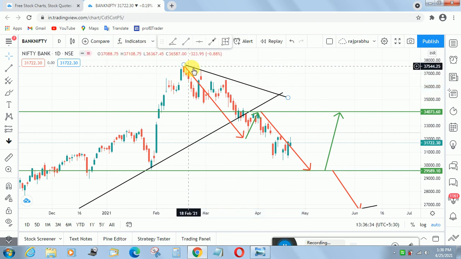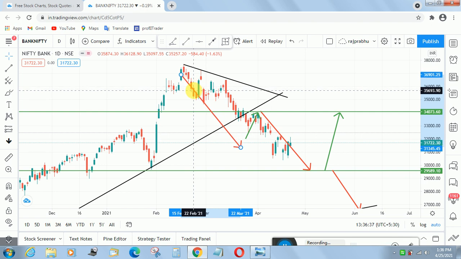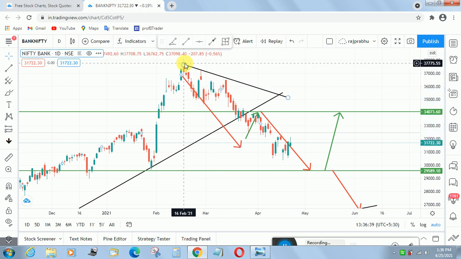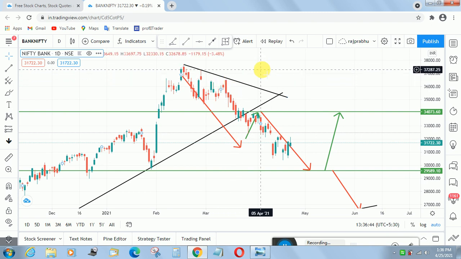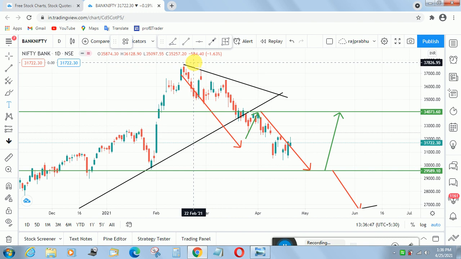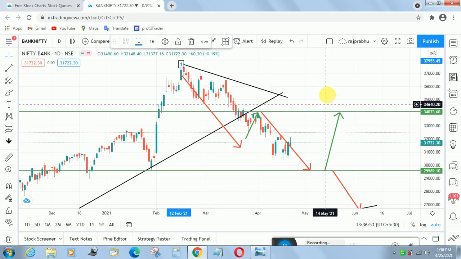See here, it's a first, second and third. See here, the price will continue from 1, 2, 1.